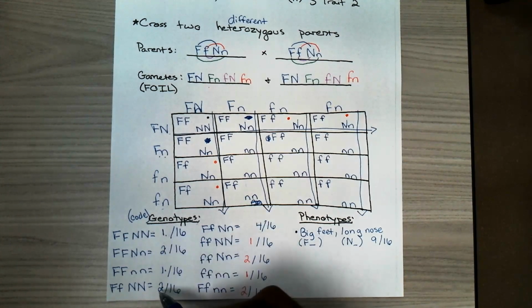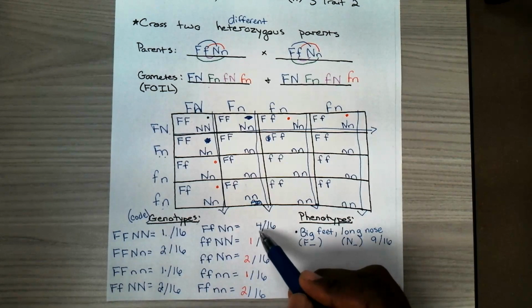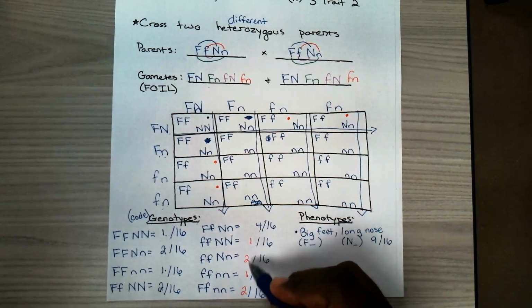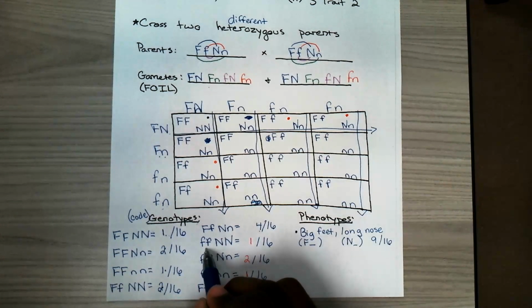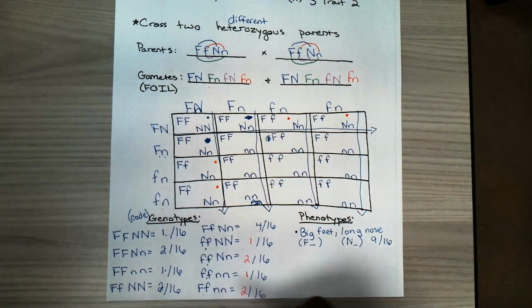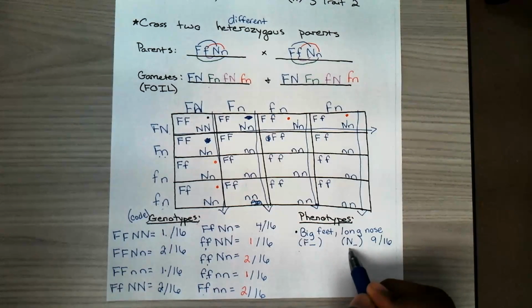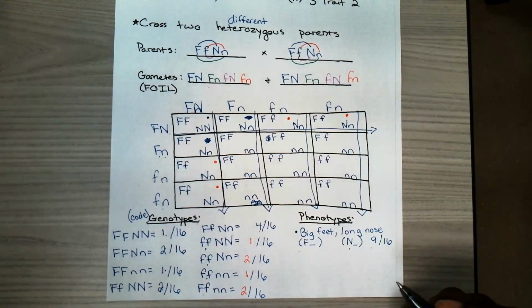So we have 3, 5, 9. 9 out of 16. Because we don't count these, because as you can see, it doesn't have a big F. No big F, no big F, big F, but no little n. So it has to have both a big F and a big N. We have a 9 out of 16 shot.